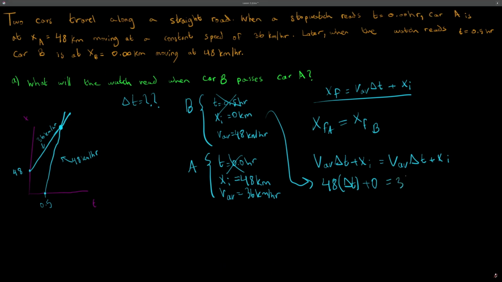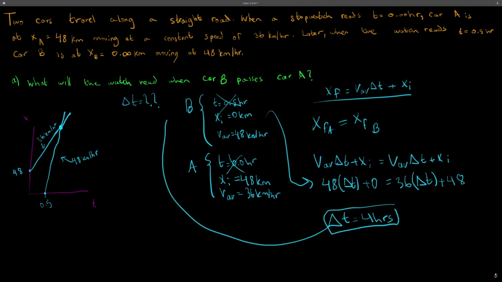The v average is 36 for A. Delta t is the time at which the watch reads, and that's what we want to find. If we just use a calculator and shift solve, we get delta t is equal to 4 hours.